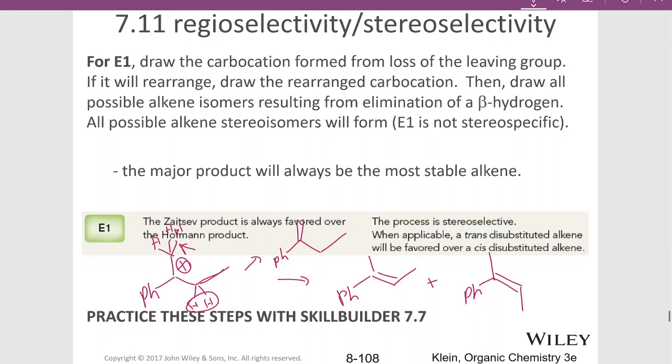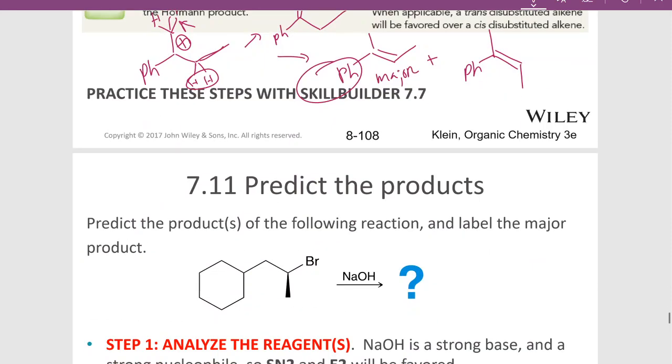So both of those are possibilities. So we can get the E and Z isomer. And so this one is probably going to be major because that phenyl group takes up so much room. Remember, that's a benzene ring. So the methyl group is probably going to want to be on the opposite side from that.